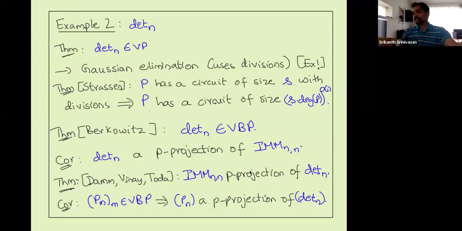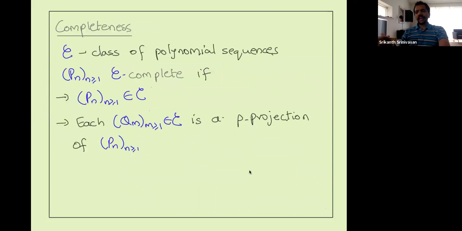So this tool of projections illustrates the power of this tool. These two polynomial sequences that are both very natural and important for us are computationally equivalent to each other. And this is a very important idea in complexity theory in general, and particularly in algebraic complexity: the idea of completeness.